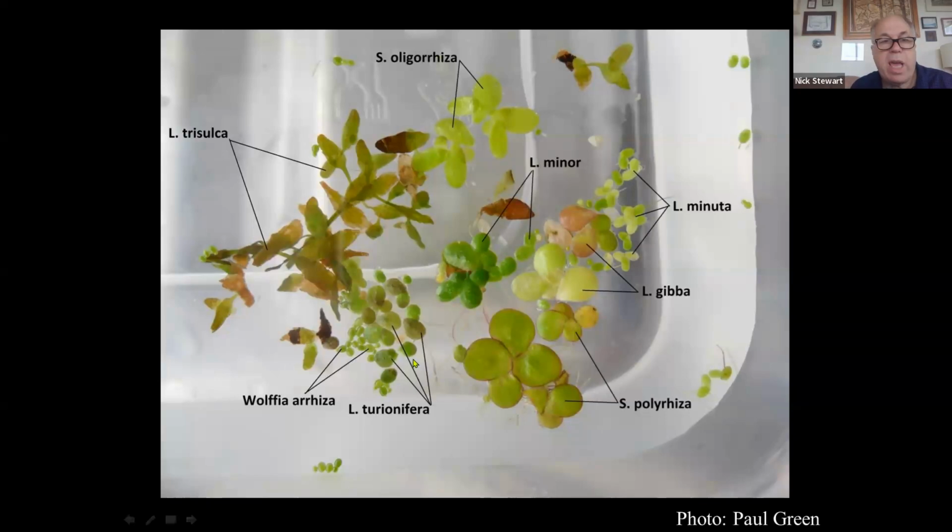So just to recap, we've talked about the ivy duckweed, which is this one here, and the greater duckweed, which is this one. You see it's distinctly larger than the other ones. There are also some of the other Spirodelas here. And we've also discussed Wolffia, which is this little one, much the smallest of them.